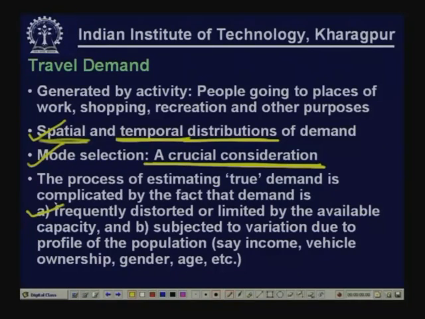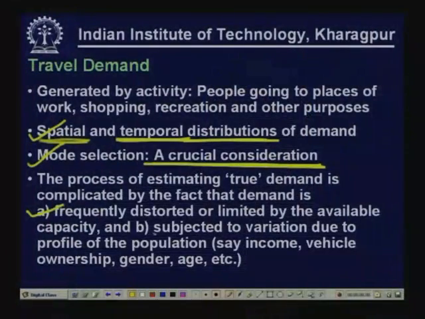All physical facilities are capacitated. If you think of a road, it can handle only a certain volume of vehicles. So, even if the demand is more, the road cannot accommodate any traffic volume higher than its capacity. So, demand may be distorted or limited by the available capacity.